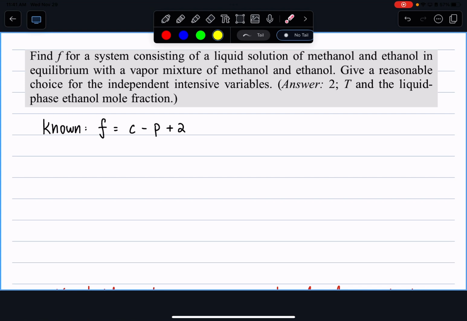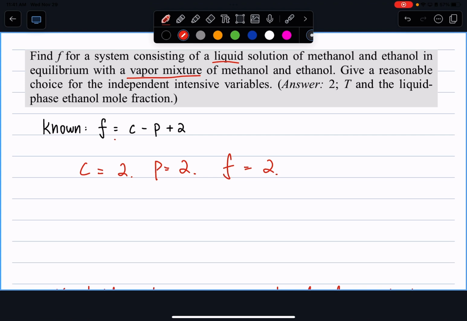And also ask you to give a reasonable choice of the independent intensive properties. So in here, we have our phase rule. There's no reaction taking place. So we have C equals 2. That's your methanol and ethanol. P equals 2. That's your liquid solution and the vapor. And, well, in this case, we can calculate F equals 2.